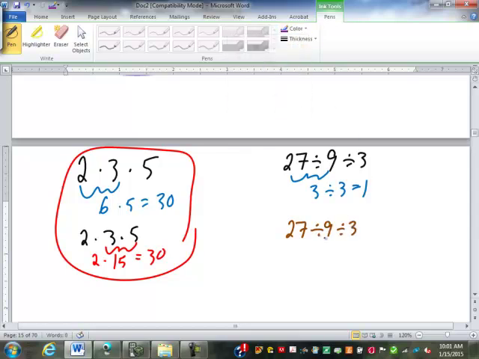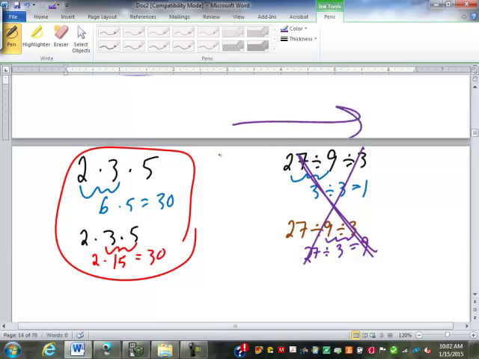If we did the 9 divided by 3 first, that would be 3. 27 divided by 3 is 9. Division is obviously not associative. Division and subtraction must be done left to right. If it's all addition or all multiplication, we can go in any order we want to. That's what the associative property is telling us.